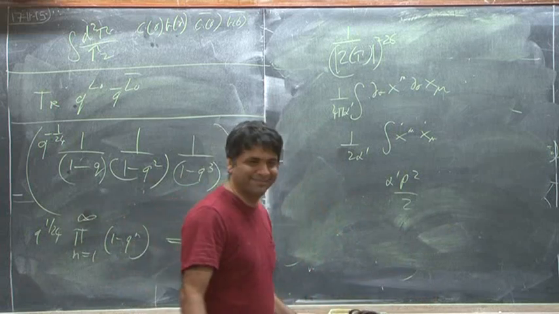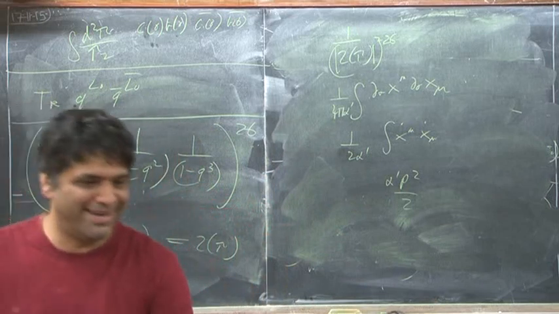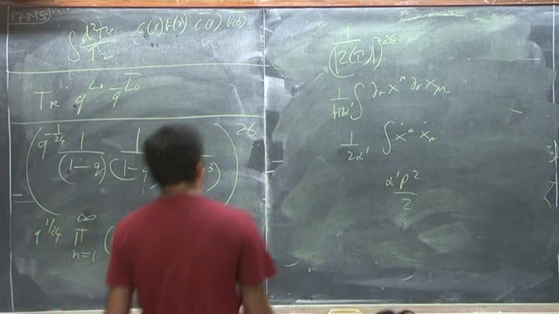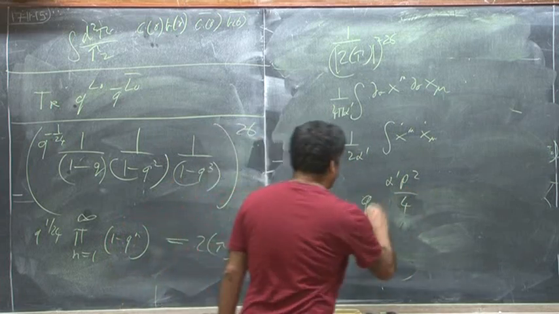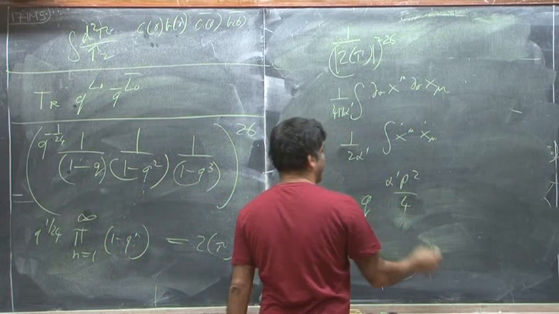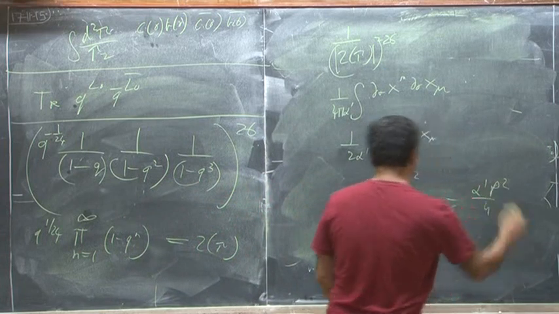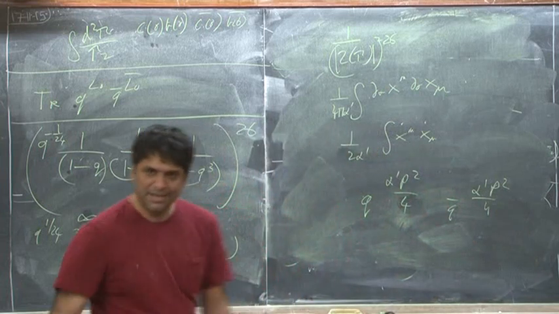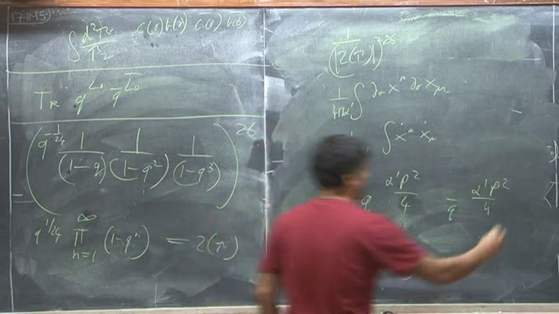This is the full angle. So L0 plus L0 bar, so alpha prime p squared by 4. So we want q to the power this, q bar to the power alpha prime p squared by 4. Okay, we want to do this integral dp.